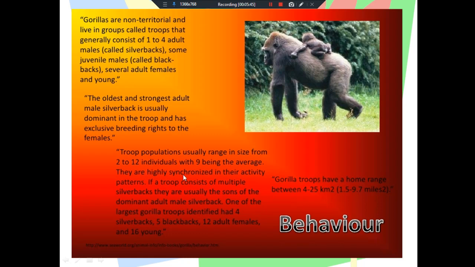They are highly synchronized in their activity patterns. If a troop consists of multiple silverbacks, they are usually the sons of the dominant adult male silverback. One of the largest gorilla troops identified had 4 silverbacks, 5 blackbacks, 12 adult females, and 16 young. Gorilla troops have a home range between 4 to 25 kilometers.